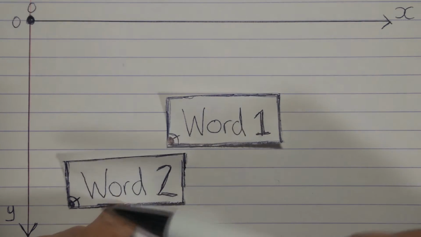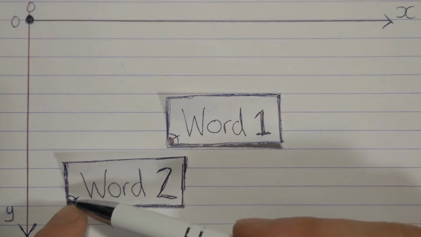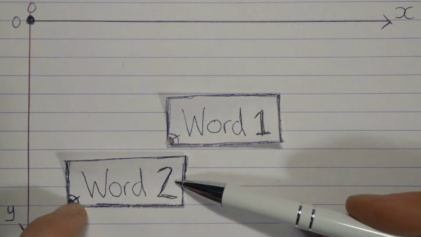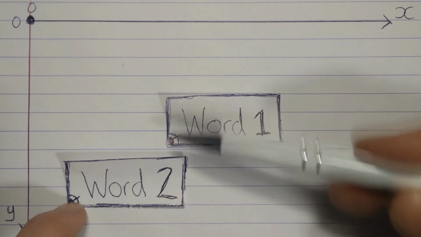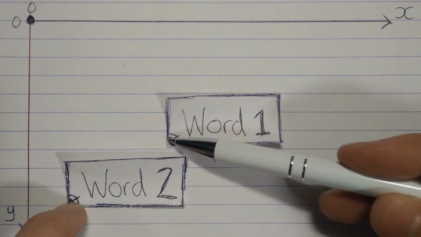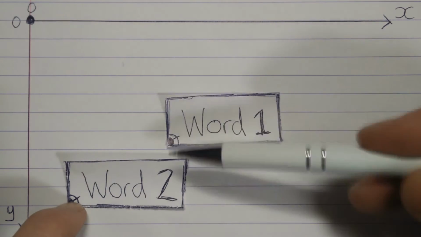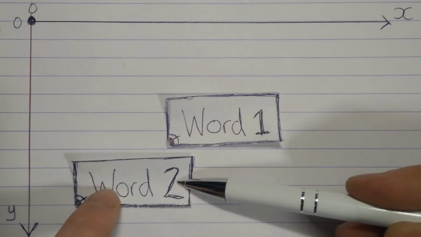So we're going to get the word 2 position plus the word 2 width, and then compare it. Is it greater than the word 1 position? And then we're taking the most extreme side here and the extreme side there to check, is it crossing over here?